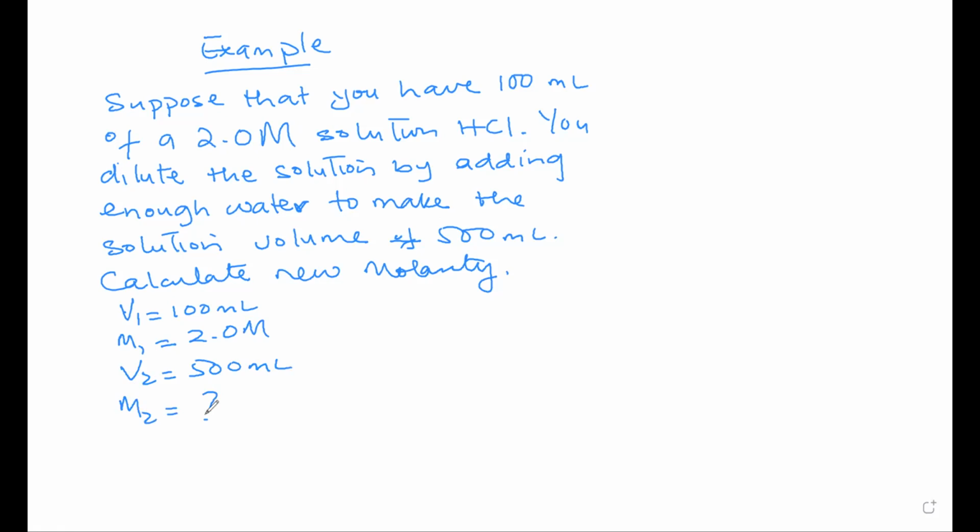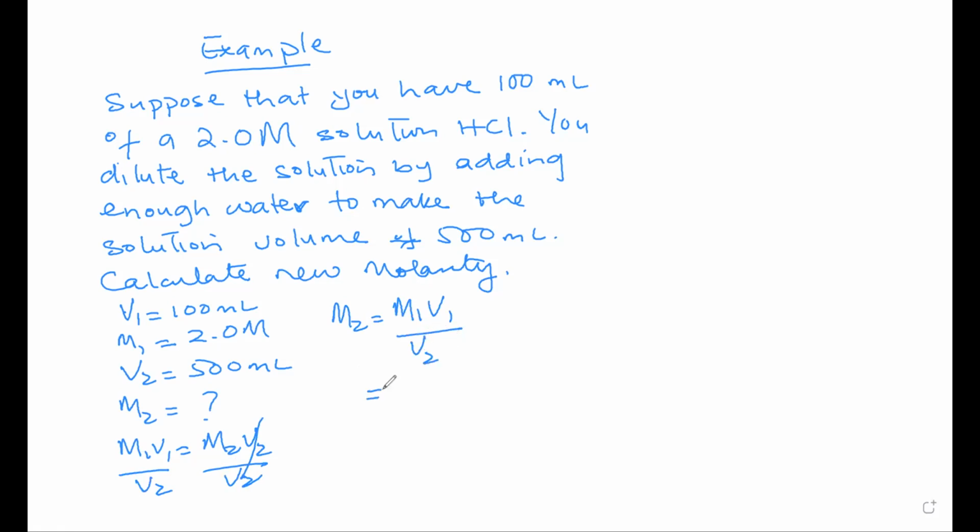And by looking at all of this, the only formula you can use here is M1V1 = M2V2. We want to isolate M2, so we divide by V2 on both sides. So this crosses out, and M2 is equal to M1 V1 over V2.